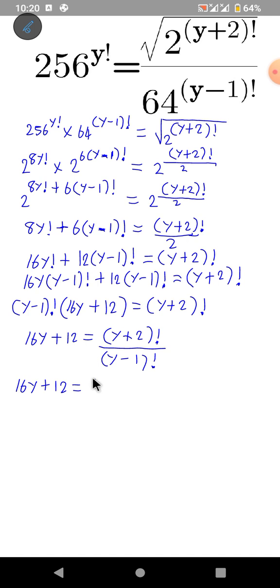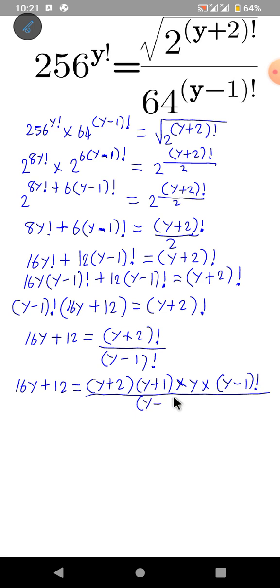So we now have y plus 2 open bracket again y plus 1 times y times y minus 1 factorial all over y minus 1 factorial.